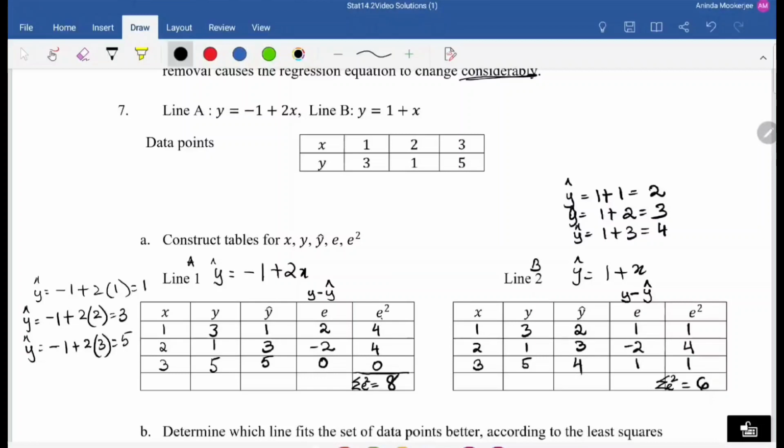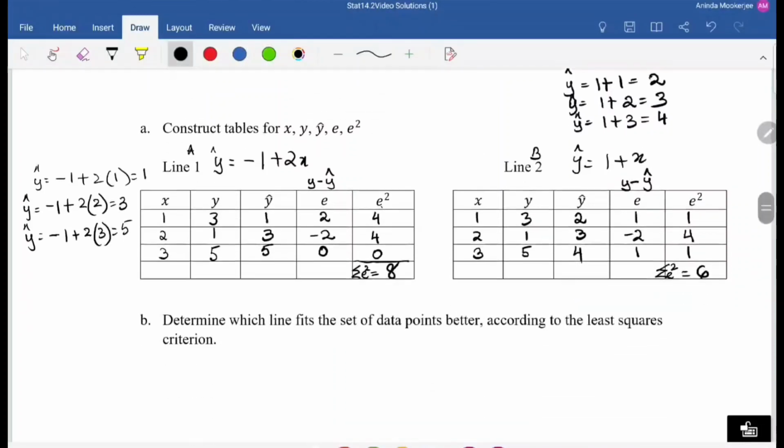All right, so now that we have our summed up e squared values for both these equations, let's see which one will fit the set of data points better. Determine which line fits the set of data points better according to the least squares criteria.